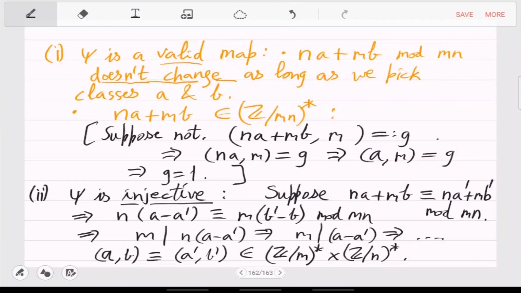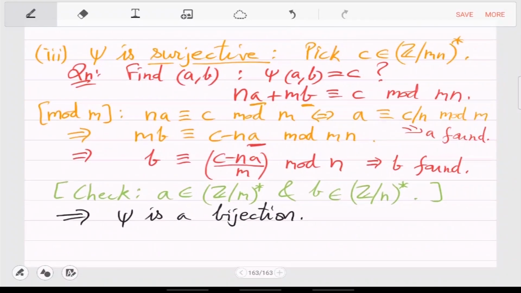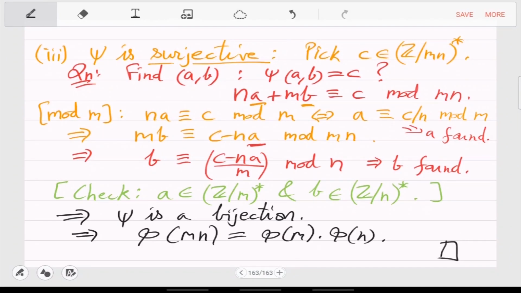Since psi is a bijection at the level of sets, of course the totient function is multiplicative. Okay, any questions?